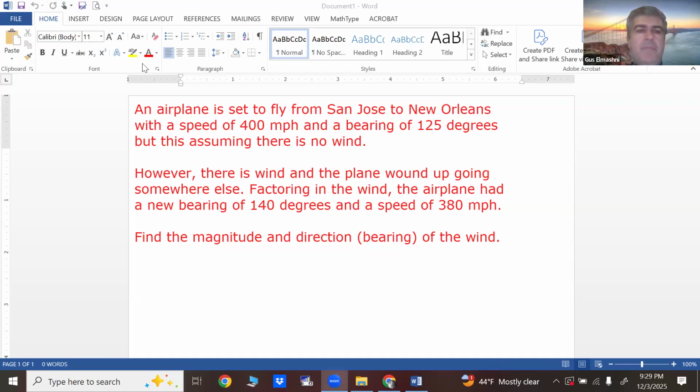So when you look at the plane without wind, you're doing 400 cosine. It's going to be negative 35 degrees. And 400 sine.